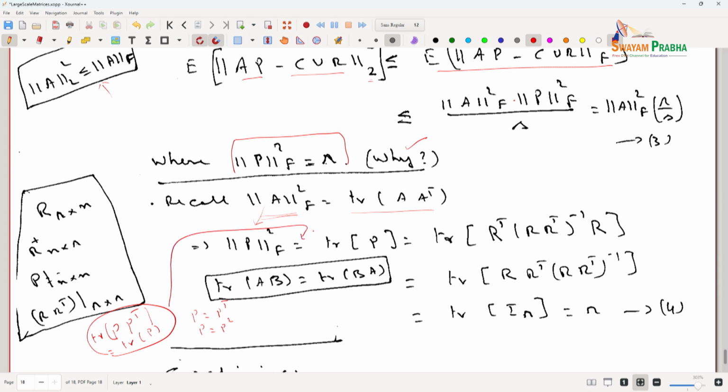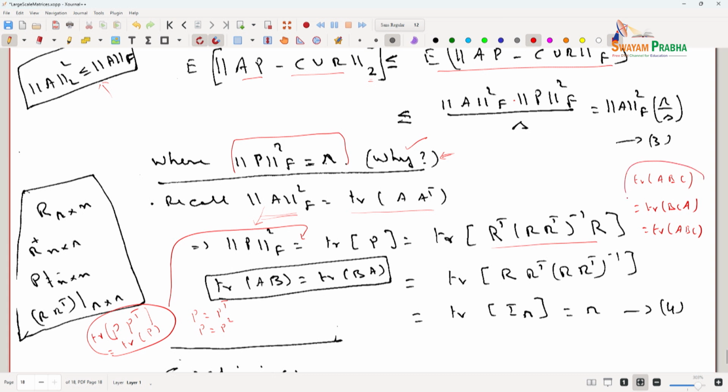Now, I am going to substitute the expression for P, which is R transpose (R R transpose) inverse R. Now, we know trace of ABC is equal to trace of BCA is equal to trace of CAB.